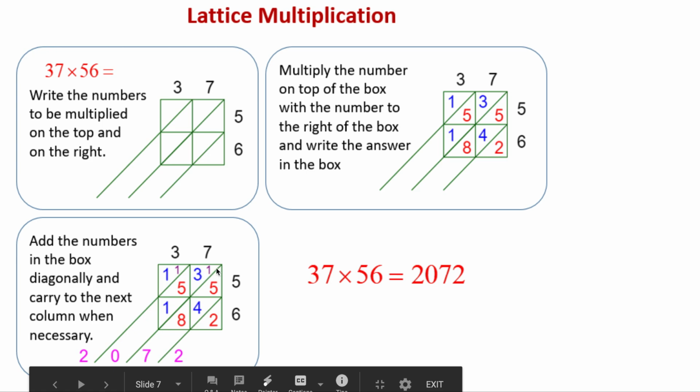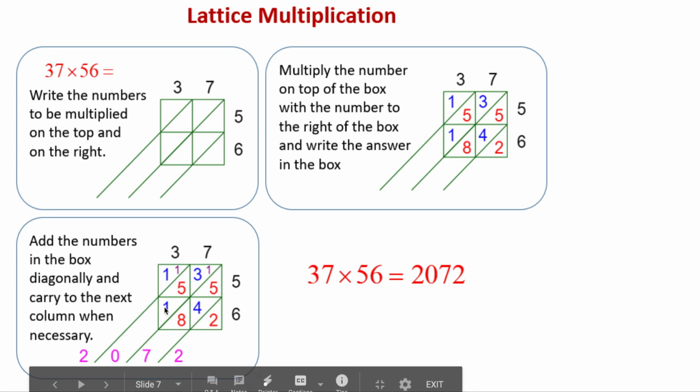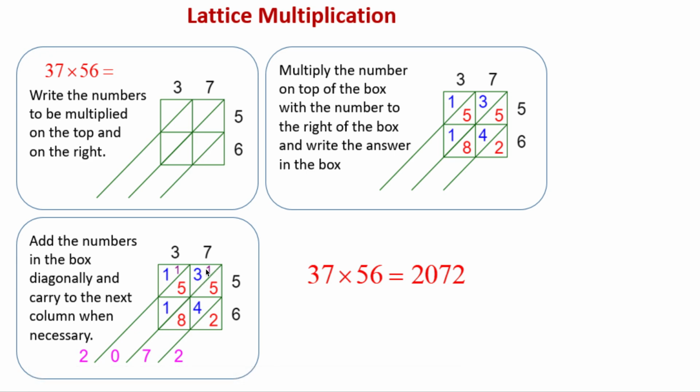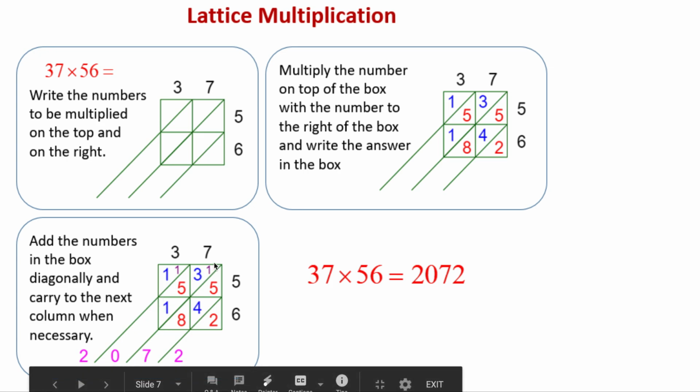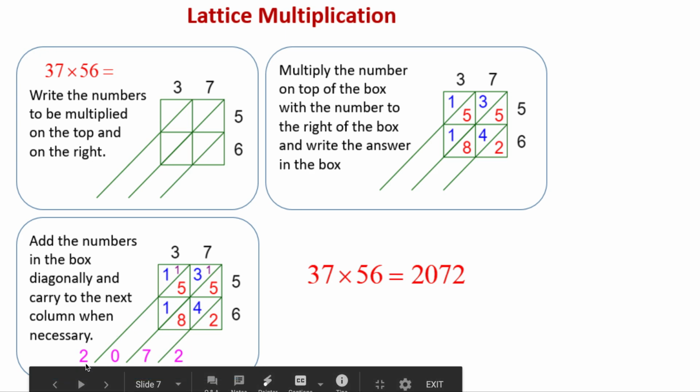So here is the carryover part. You originally had 3, 5, 1, which is 9, but you have another 1 there. So adding them together, you get 10. So the ones digit is 0 and the tens digit is 1. That's the carried over number, but 1 is already there. So add it together and you get 2. So the answer here is 2072.